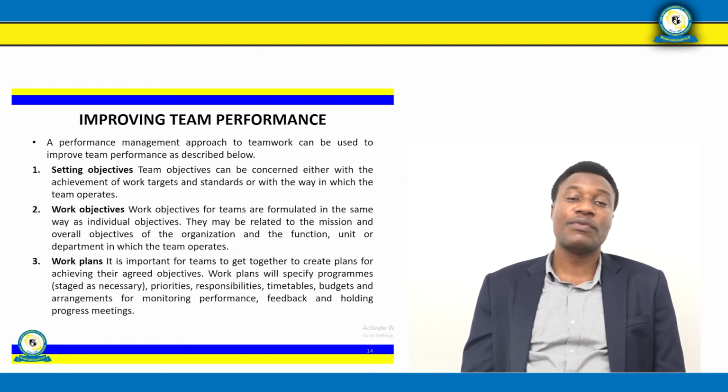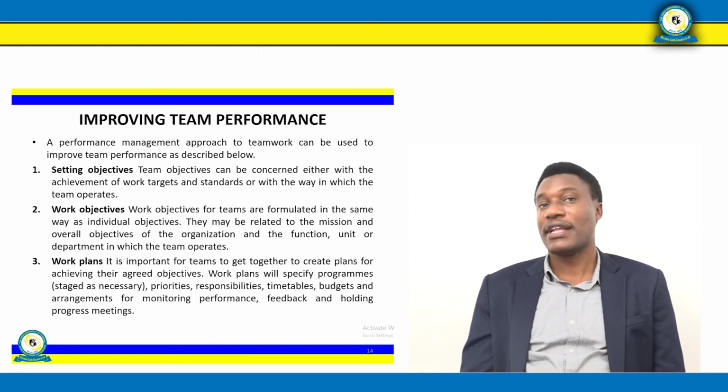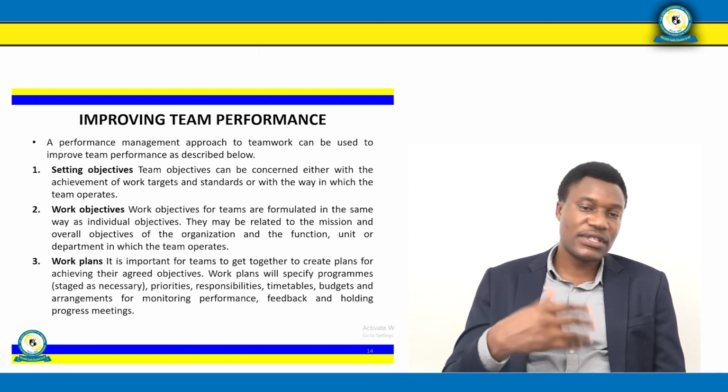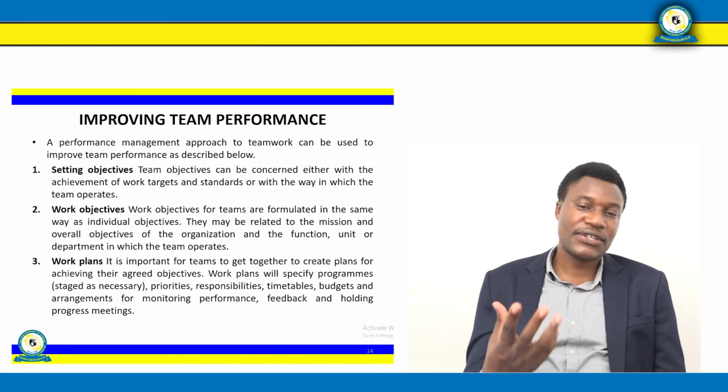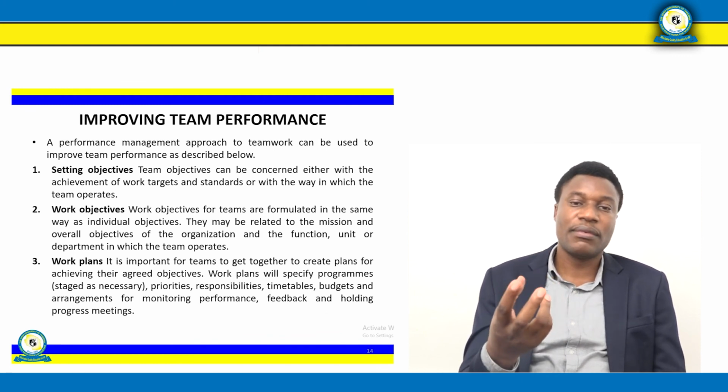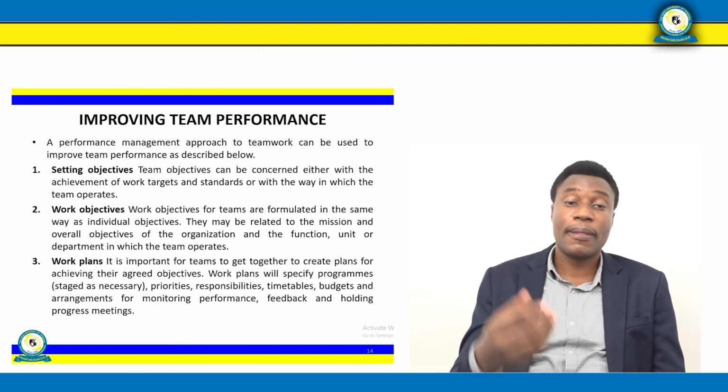If we need to improve a team, we must set an objective, set a goal. Team objectives can be concerned either with the achievement of work targets and standards or with the way in which the team operates. So now we have to set standards, expectations, targets. That's setting objectives of a team to know where we are moving to.